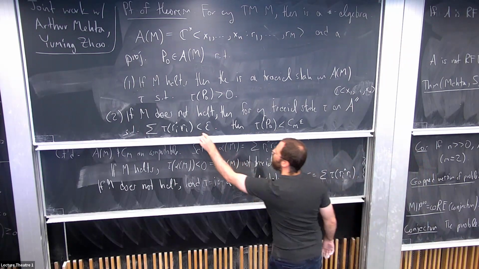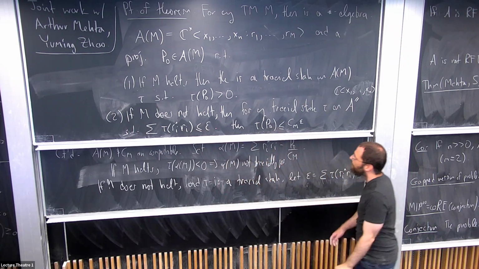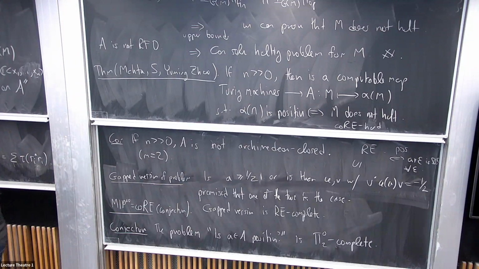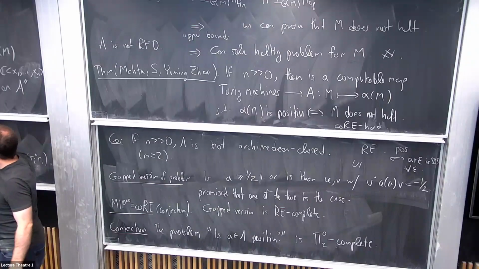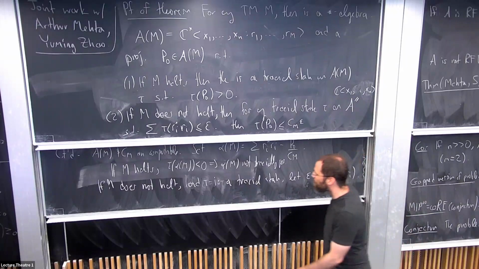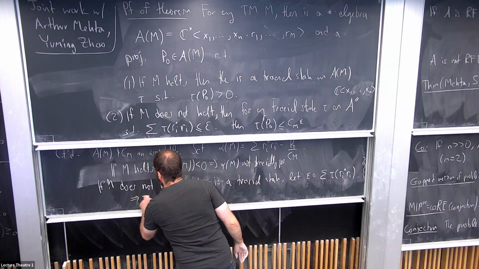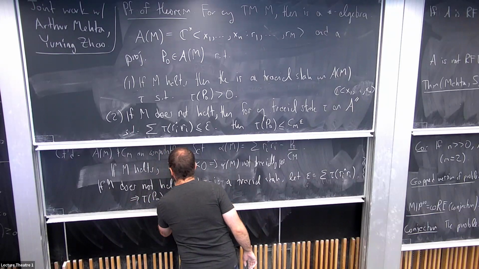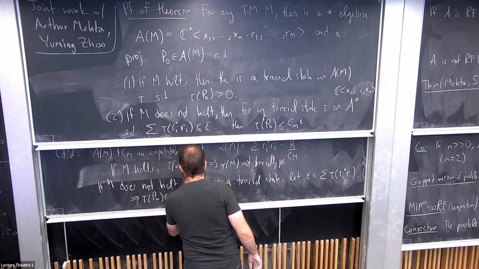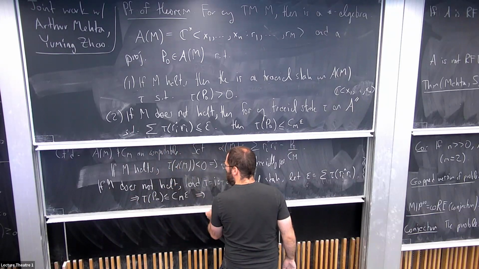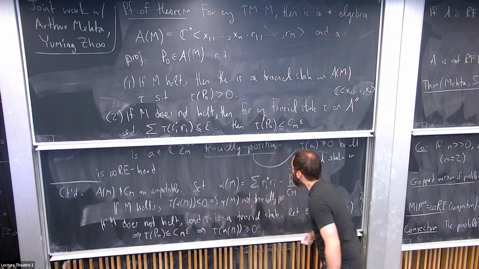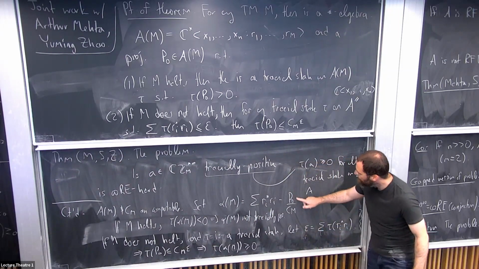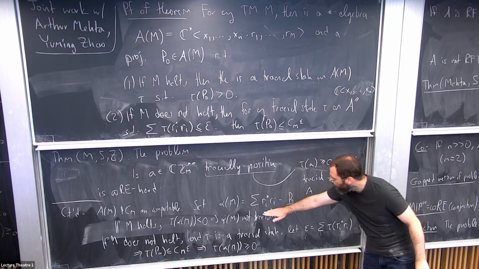Maybe I should have put in less than or equal to here, but that's okay. Then this holds by definition. So that tells us that tau P0 is less than or equal to Cm epsilon, and that tells us that tau of alpha m is greater than or equal to 0. Since P0 is at most Cm epsilon, subtracting this part can't outweigh it.